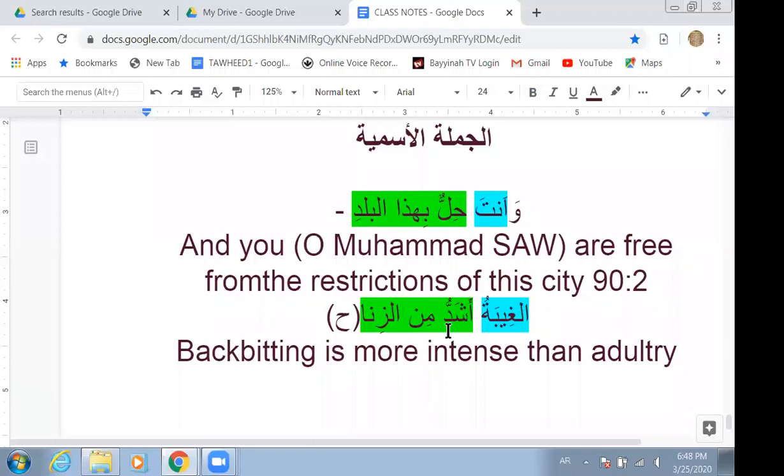So this will become the mubtada. Min al-zina will become the jar majroor and the khabar for it. So together the whole sentence ashaddu min al-zina will take the place of the khabar for al-ghibatu. So this is the mubtada and this is the khabar, and the translation for it is backbiting is more intense than adultery. So we will end the session here.